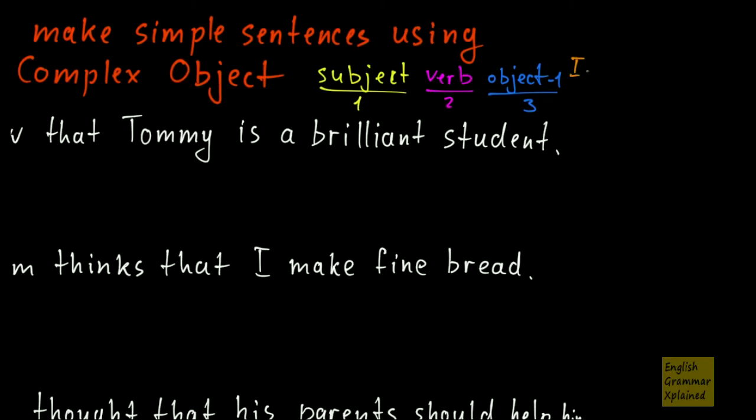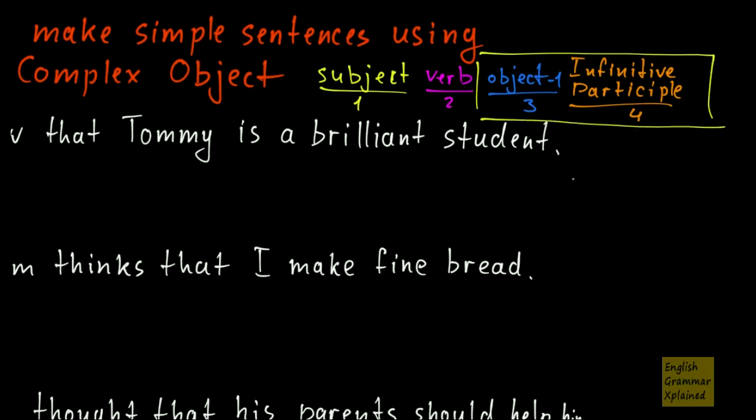Object number two can be infinitive, full infinitive, bare infinitive, or some other infinitive, or participle, present participle, mostly. And that's position number 4. So, this is my complex object.